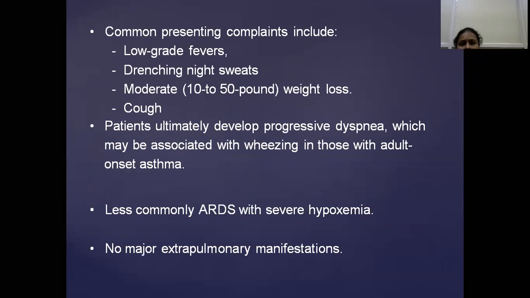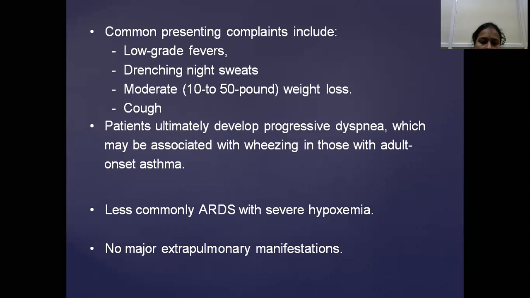Common clinical symptoms are low-grade fevers, night sweats, weight loss, cough, with a chronic history. Patients ultimately develop progressive dyspnea, which may be associated with wheezing in those with adult onset asthma. Some two-thirds of the patients have an asthma history, so it is associated with wheezing also.